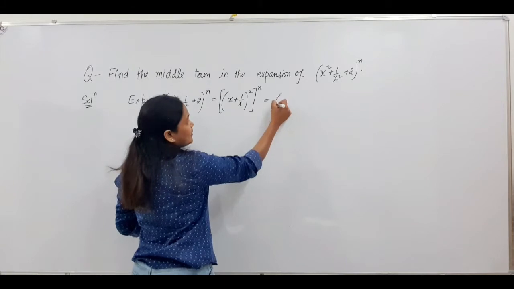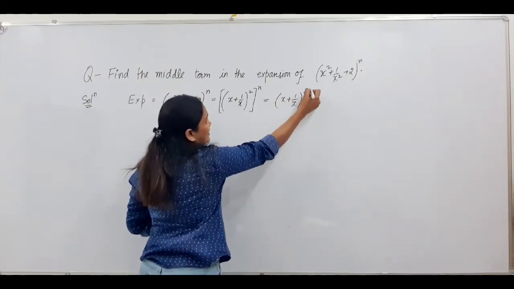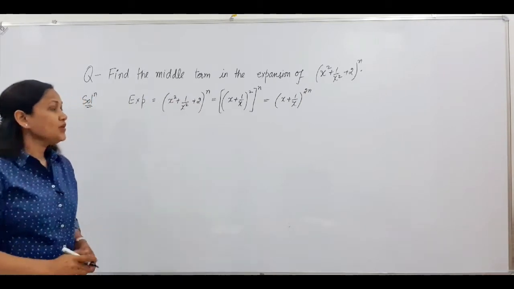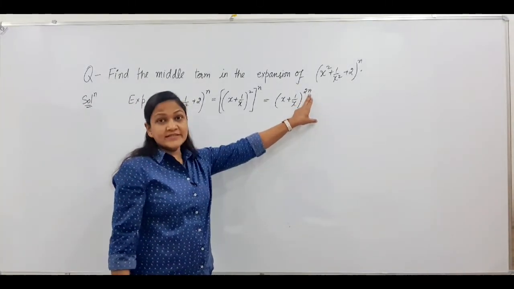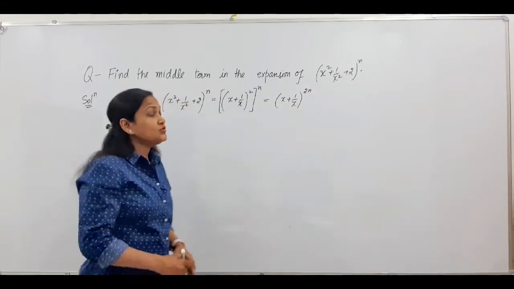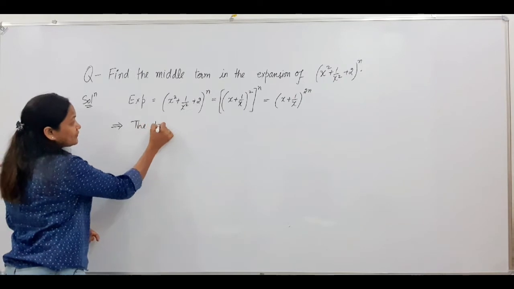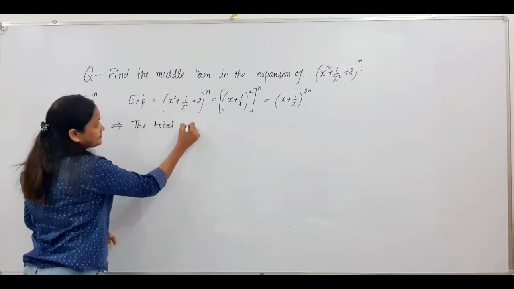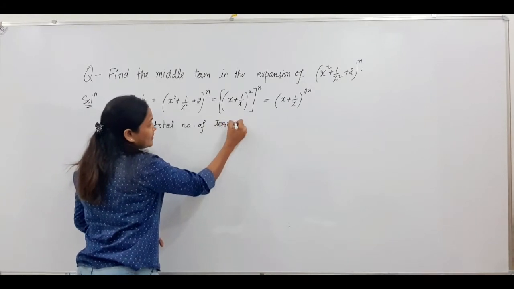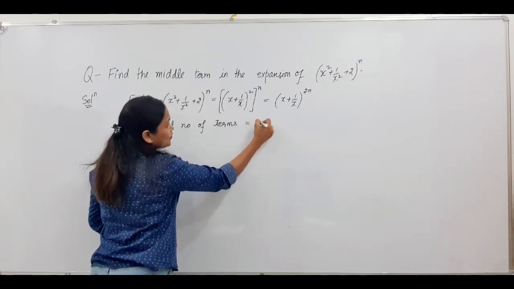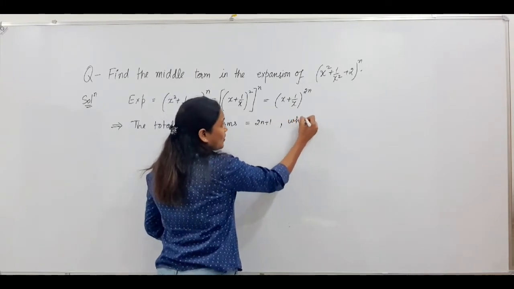So this will be equal to (x plus 1 upon x) raised to power 2n. So the 2n is even, so the total number of terms is equal to 2n plus 1, which is odd.